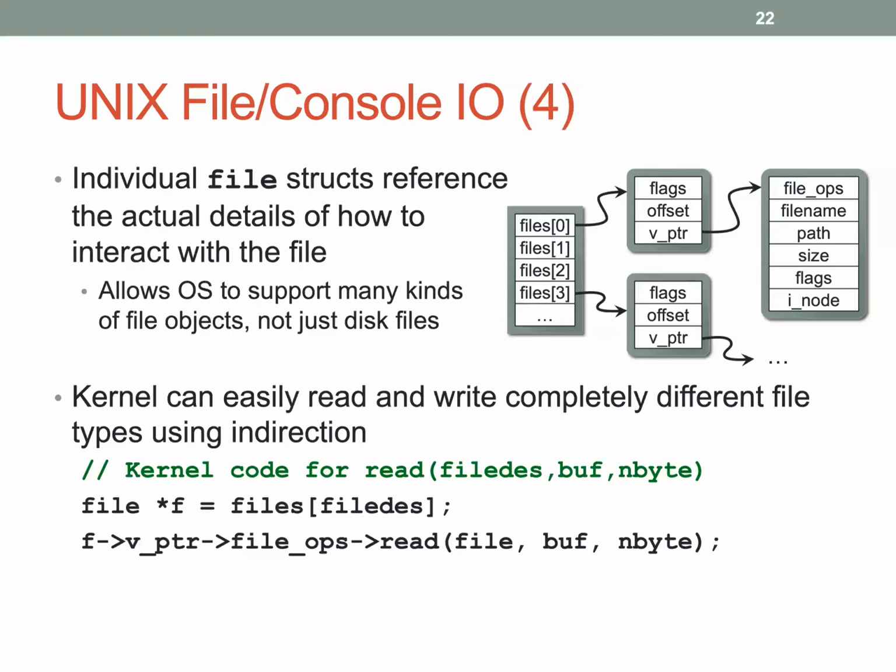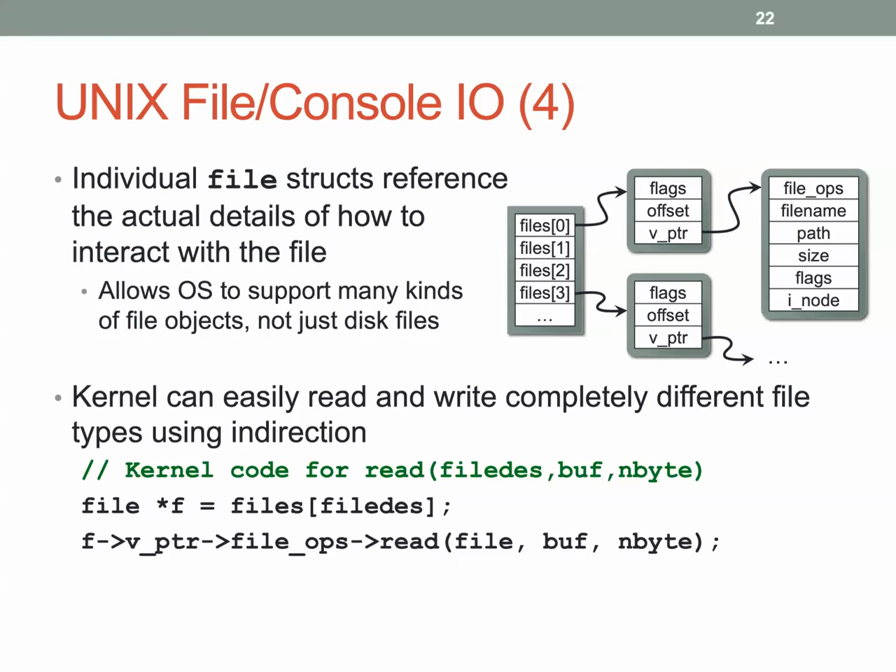This is how we support common operations like reading, writing, closing, seeking on multiple kinds of file types. Let's just put it that way: sockets, pipes, and console and disk files.